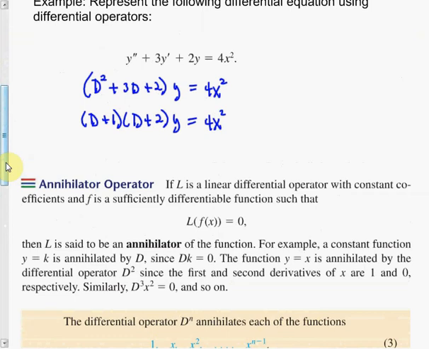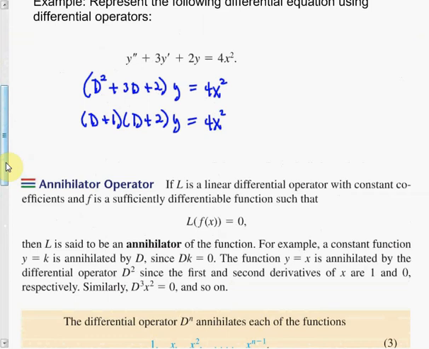And just a very simple example of that is if I have a function y equal to, let's say, 2x. Well, I can wipe out 2x by taking its second derivative. The first derivative will give me 2. The second derivative will give me 0. So here, how can we annihilate a function by using a so-called derivative?